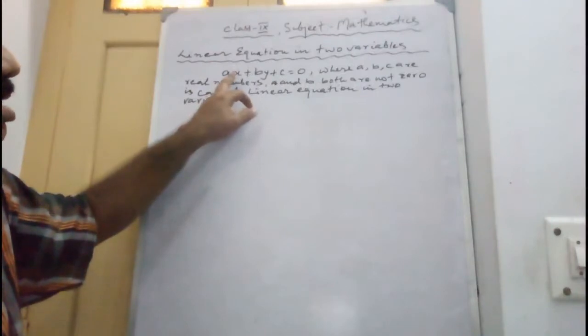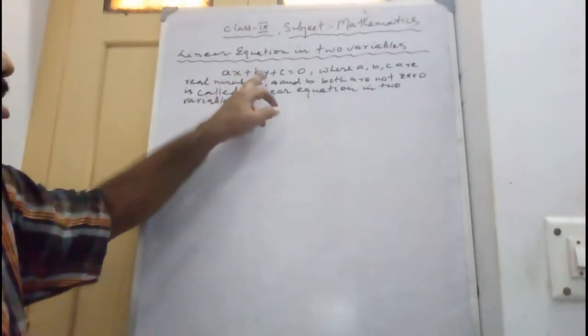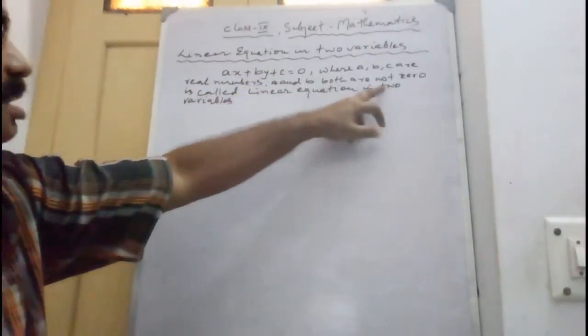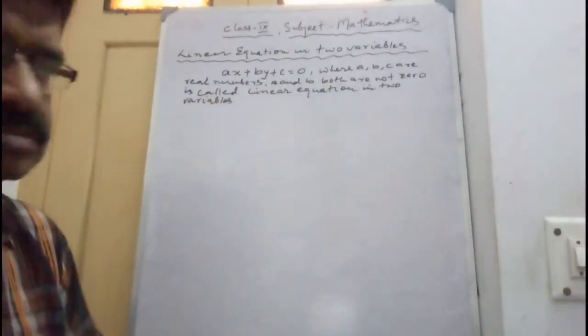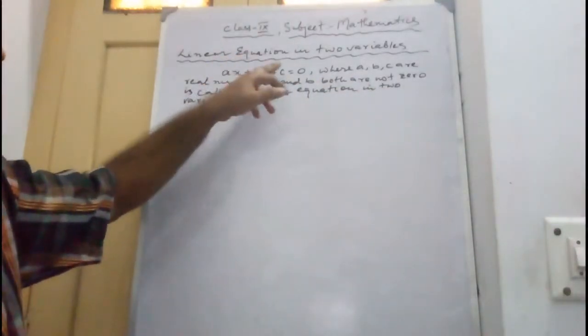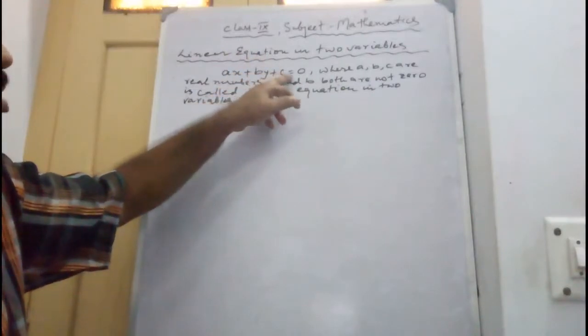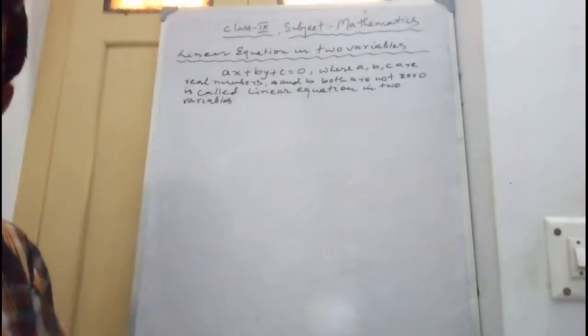As x and y are present, that's why it is known as a two variables equation. Why is it an equation? Equal to 0 is written.